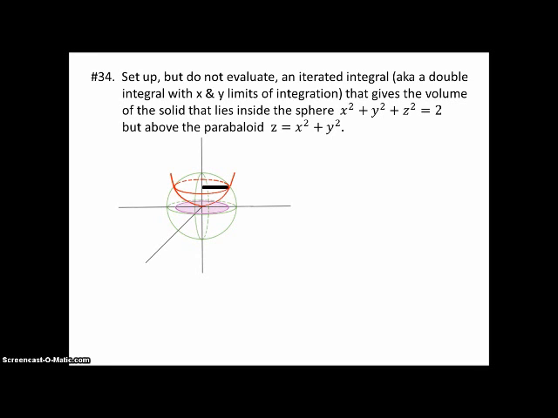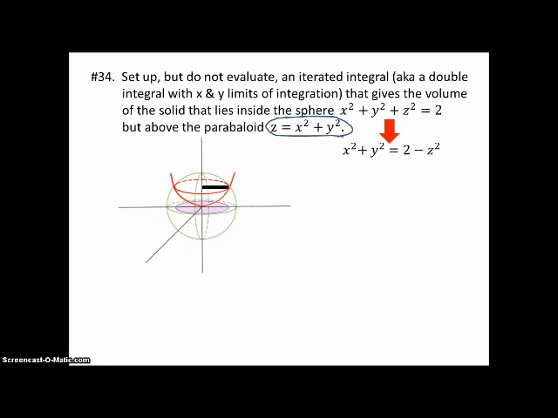So the first step then is to figure out what radius the red and therefore the purple circles are going to have. So we're going to take the equation of the sphere and notice that x squared plus y squared is equivalent to 2 minus z squared. Then we can combine that with the paraboloid, the fact that z equals x squared plus y squared.